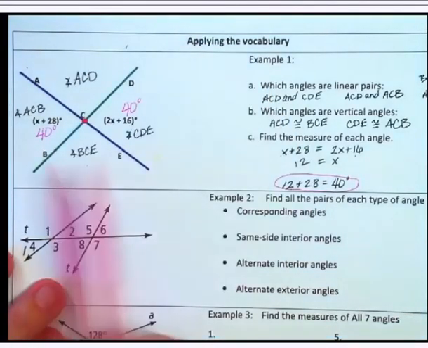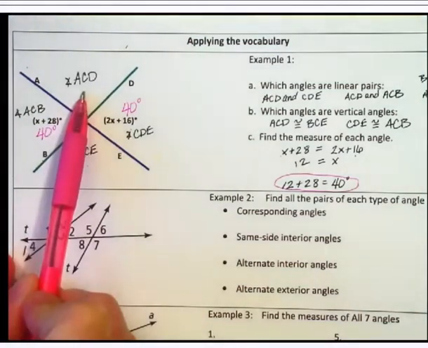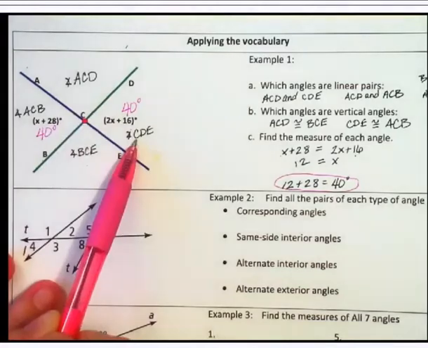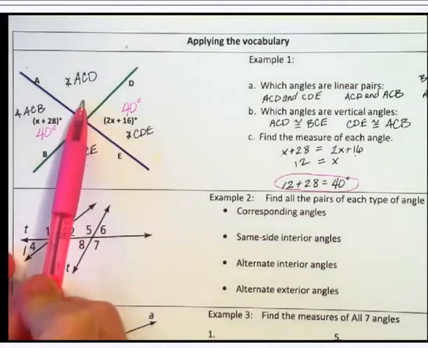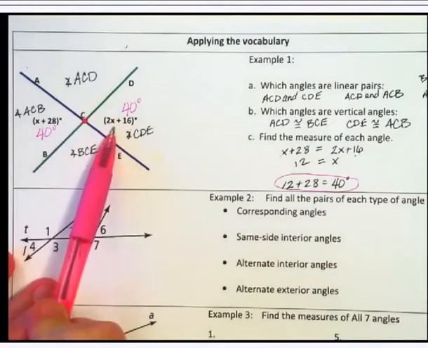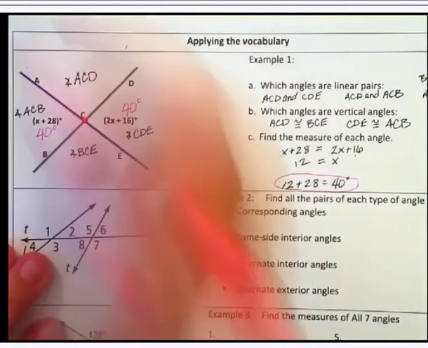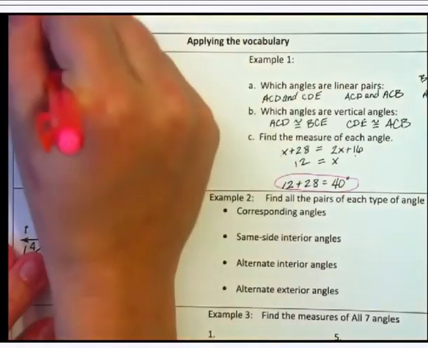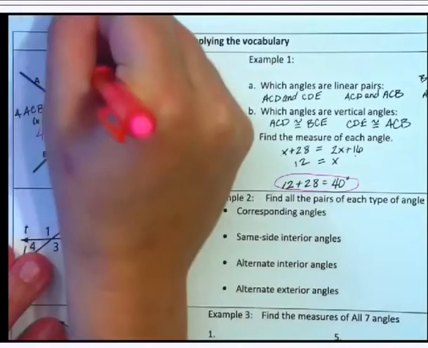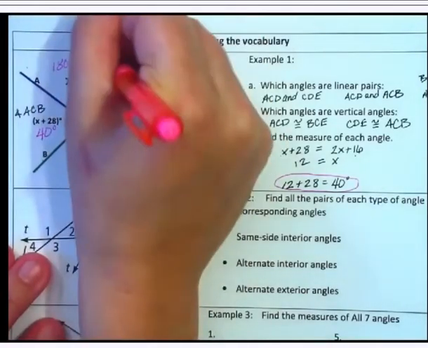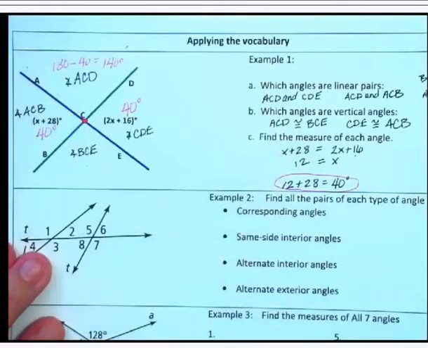Okay, if these two are 40, then what is going to be the measure of this angle? So to find this, because this is a linear pair, linear pairs add up to equal 180 degrees. So here I'm going to do 180, subtract this 40, and I get 140 degrees.